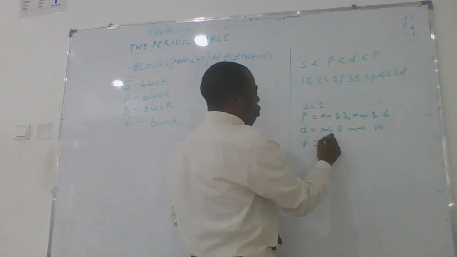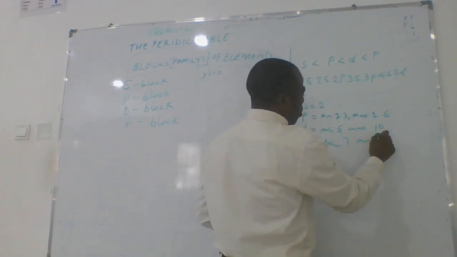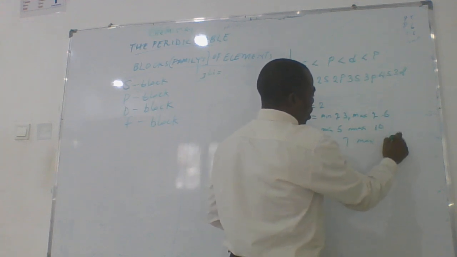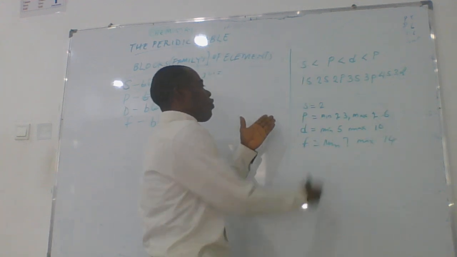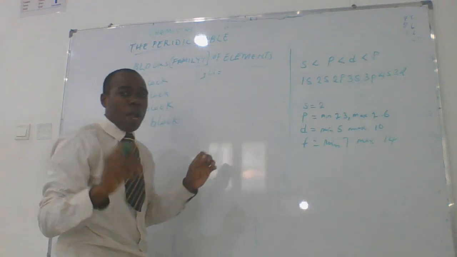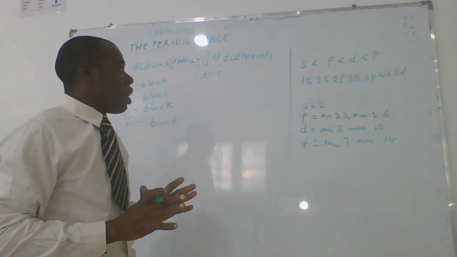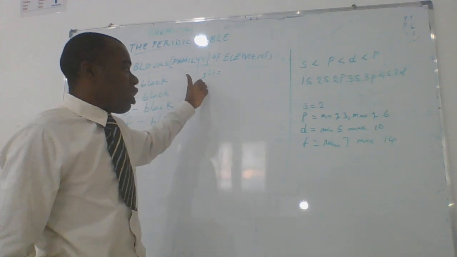Then for F, we have a minimum of 7 and a maximum of 14. So for S, it is just a minimum of 1 and a maximum of 2. Okay, I think that's a little bit clear. Now let's consider lithium.